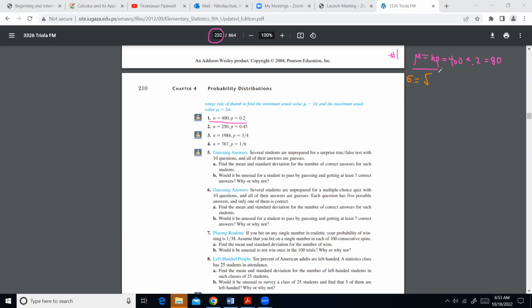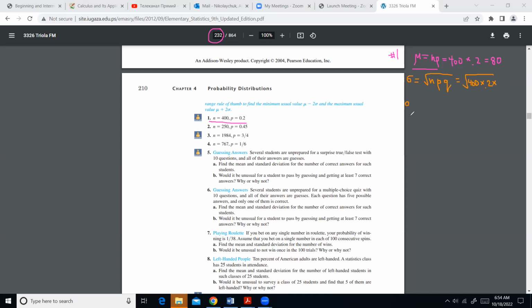I also can find the standard deviation. That's already not the question for the quiz. It's just another formula that we saw in that section. So I'm going to put in the square root of 400 multiplied by 0.2 and then also multiplied by 0.8, actually by 1 minus P, right?